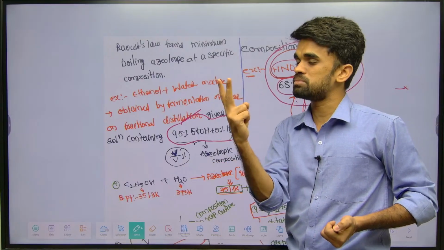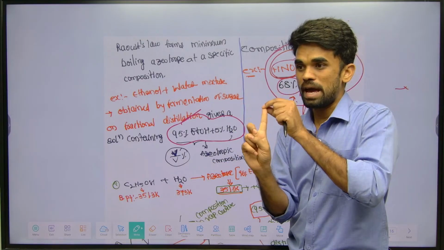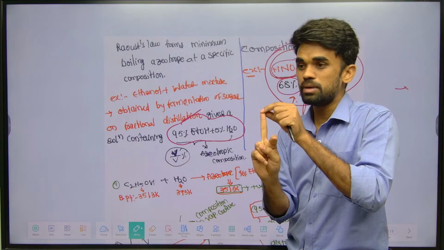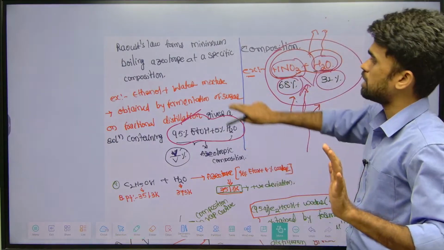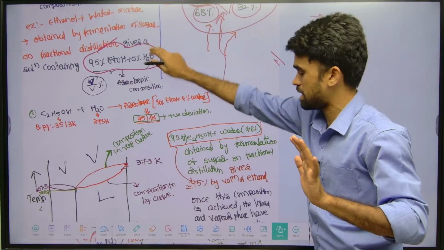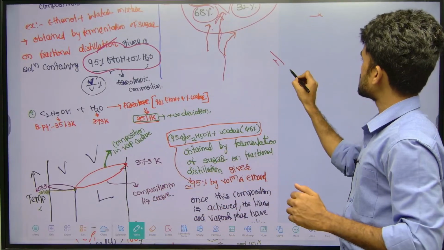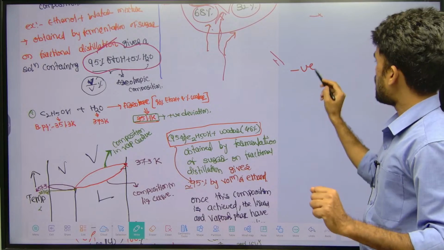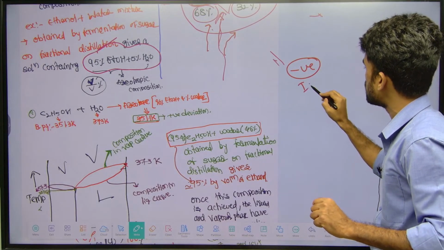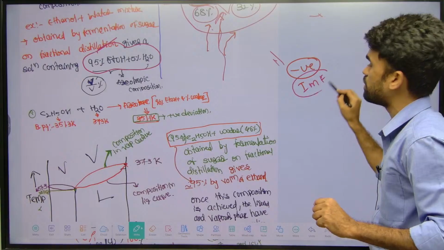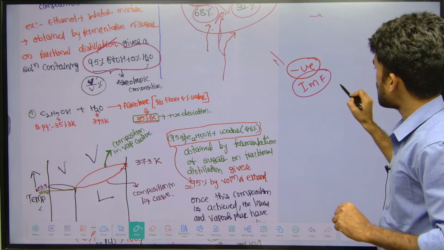Here you need to remember two names: one is maximum boiling, the other is minimum boiling. Just keep the concept aside. Once again, yesterday we discussed negative deviation. What happens to intermolecular forces in a negatively deviated solution? Intermolecular forces increase.